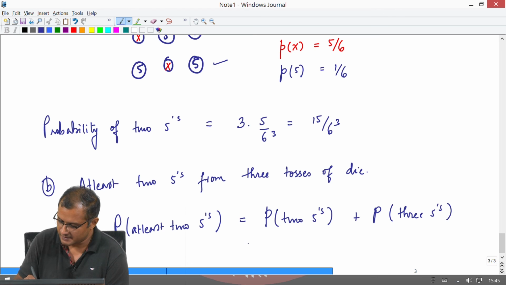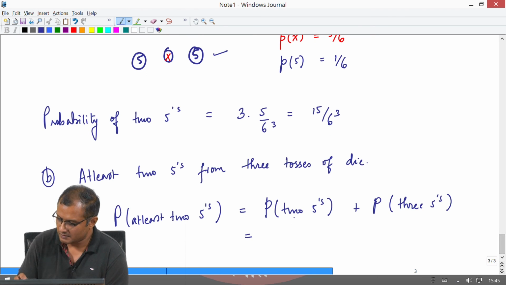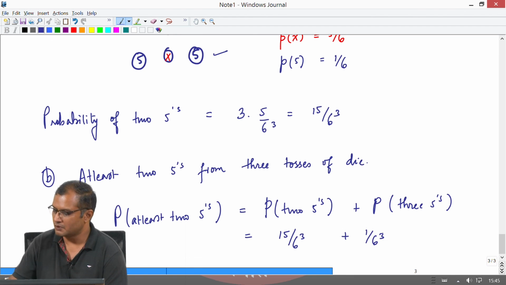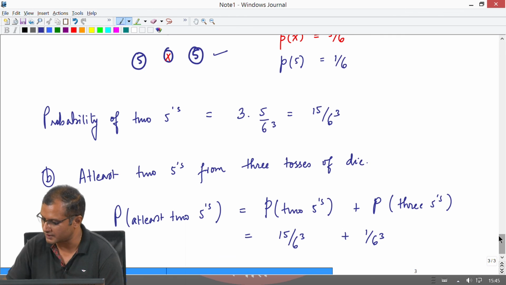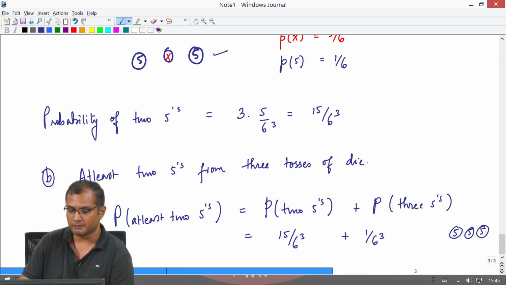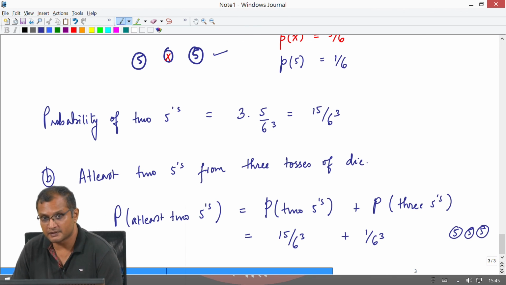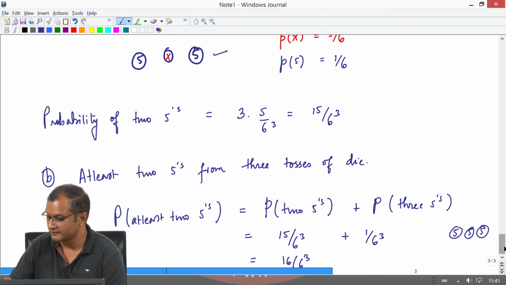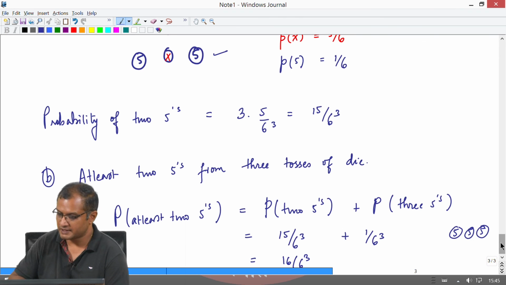The first is already calculated, nothing but 15 by 6 cube from the previous task, and the probability of getting 3 5s is just 1 by 6 cube, because there is only one way in which you can get 3 5s. You get a 5 and a 5 and a 5, and that is it. Just one combination of 3 5s out of the 6 to the power 3 ways. So, the answer here is nothing but 16 by 6 to the power 3. This is one way to solve it.